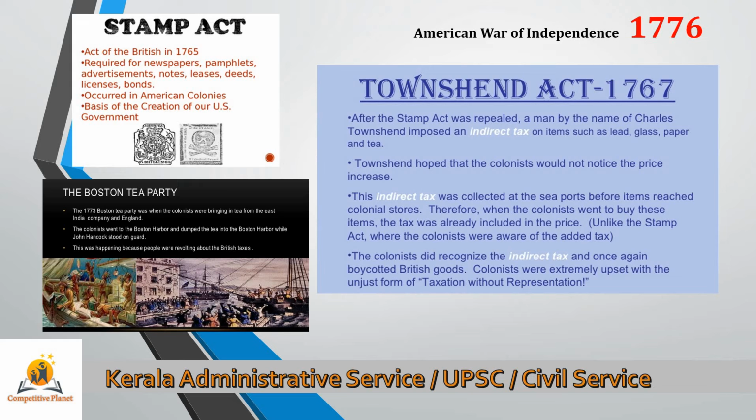Later on the colonies recognized that the indirect tax had been imposed, and they once again boycotted the British goods. They were upset with the unjust form of taxation without representation, and that is the Townshend Act of 1767 imposed by Charles Townshend.